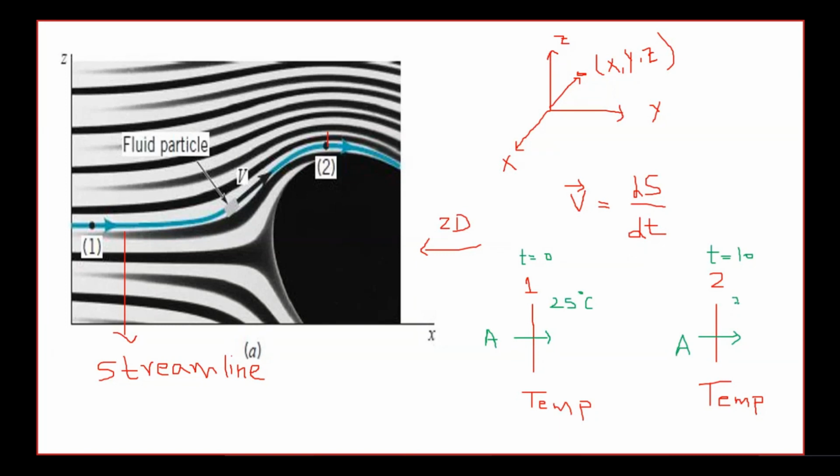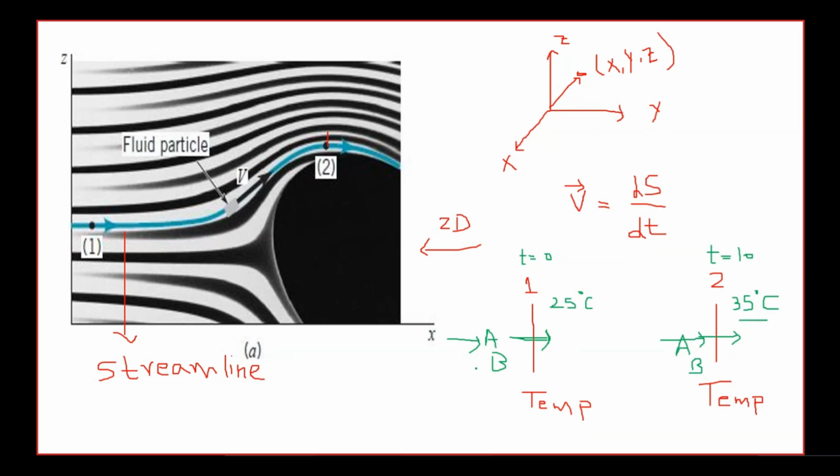Let's say this time it is 35 degrees Celsius. Another person B is following person A. It passes through point 1, the sensor measures the temperature and it is 25 degrees Celsius. Person B also passes from here, the sensor again measures the temperature and it is 35 degrees Celsius.